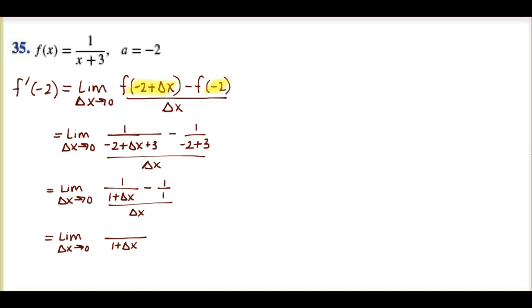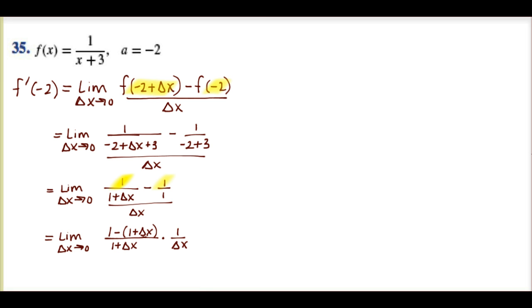And so this guy right here will just stay a 1. And this guy right here, I'm going to have to times by 1 plus delta x. Don't forget your parentheses because that negative is going to have to distribute. And then instead of dividing by delta x, I'm going to times by 1 over delta x. Remember, when we divide, we flip and multiply.